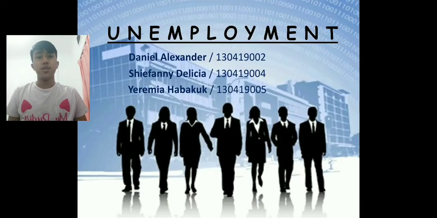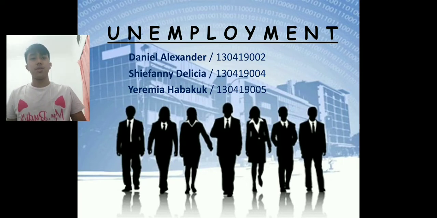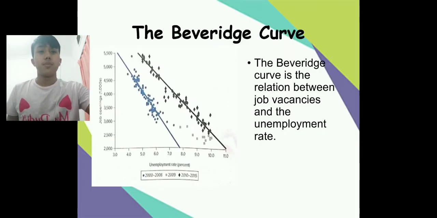Hello everyone, my name is Daniel and this is our group members. We have Shiefanny, Yeremia, and in this video we're going to be talking about unemployment. So let's get started. The first one is the Beveridge curve. The Beveridge curve is the relation between job vacancies and the unemployment rate.